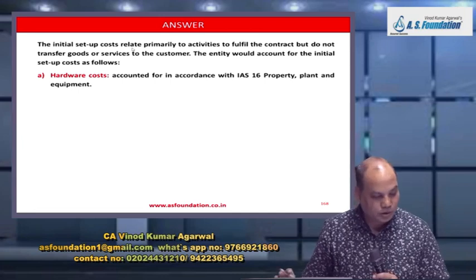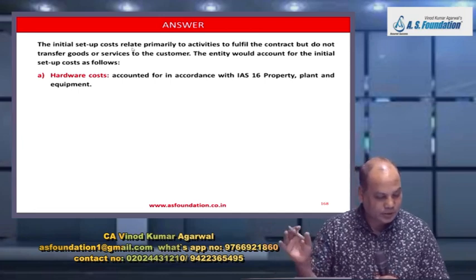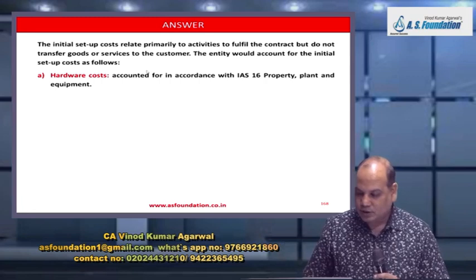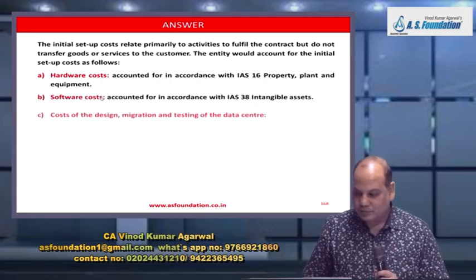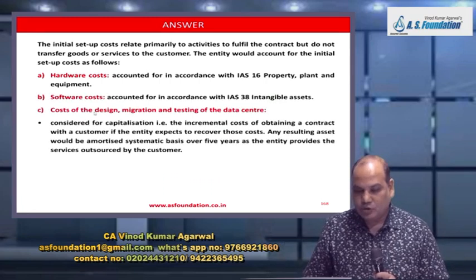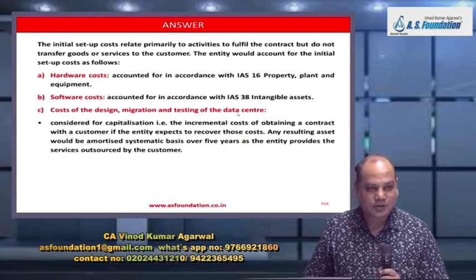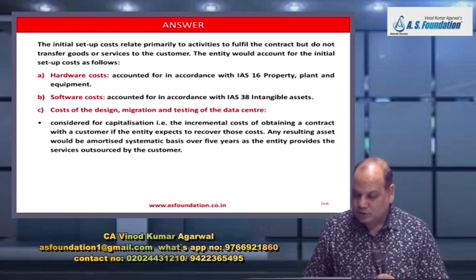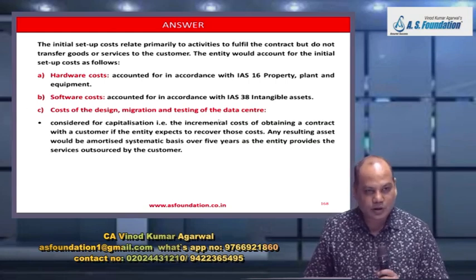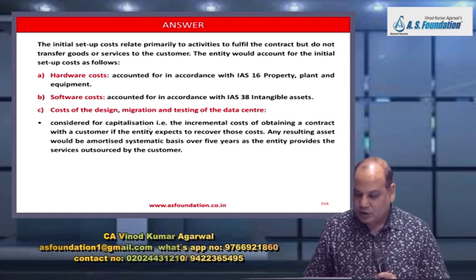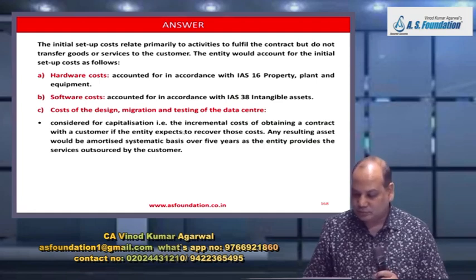So according to other standard, first you check which item will fall. Hardware, IS 16, software, IS 38, cost of design, migration and testing of data center. Now these are also direct costs incurred in connection with this contract, considered for capitalization.